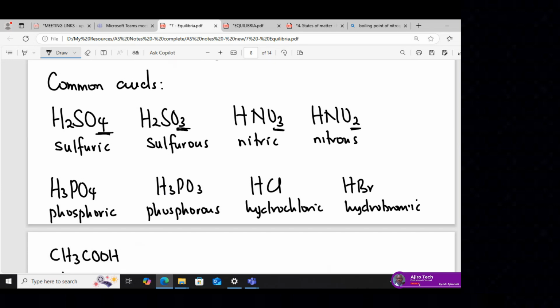The one that has more oxygen is the -ic. The one that has lower oxygen is the -ous. We have not done oxidation state, don't worry, we'll do it very soon. Sulfur here is +6, sulfur here is +4. Nitrogen here is +5, here is +3. Phosphorus +5, +3. So the one that has a higher oxidation state or contains more oxygen is the -ic.